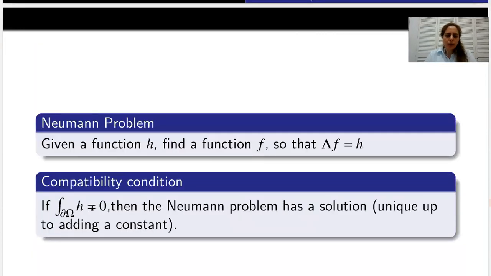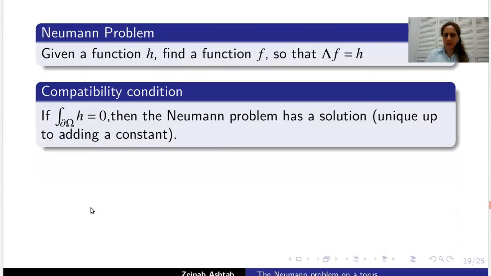As you know, the Neumann problem is: given a function h, find the function f so that lambda f is equal to h. Also, the compatibility condition says that if the integral of h on the boundary of domain omega is equal to 0, the Neumann problem has a solution, unique up to adding a constant.